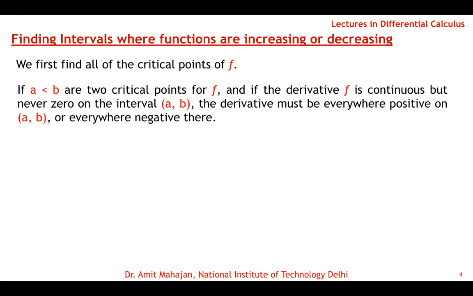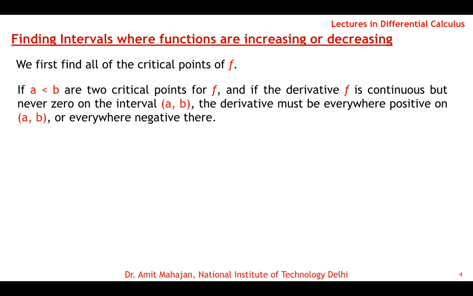For that we calculate the critical points of the function. As I said in the previous lecture, critical points are those points in the interior of the domain where either the first derivative is 0 or the first derivative does not exist.